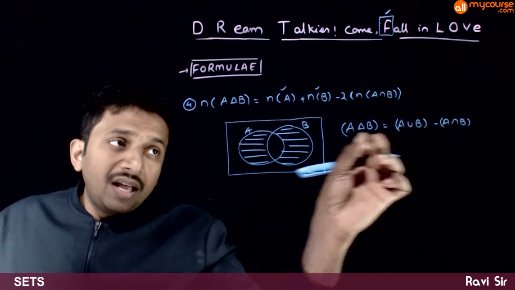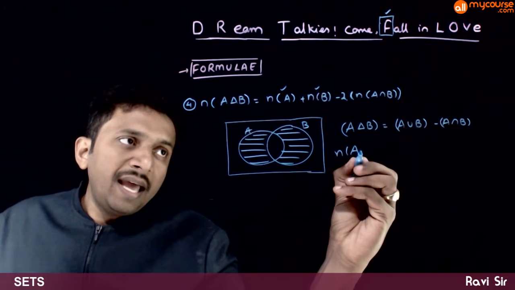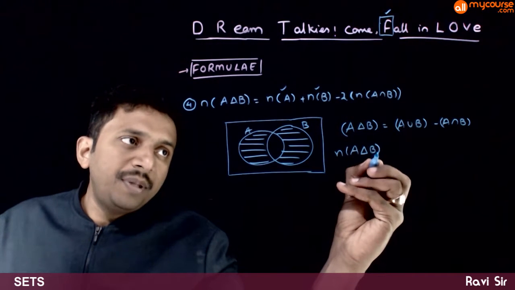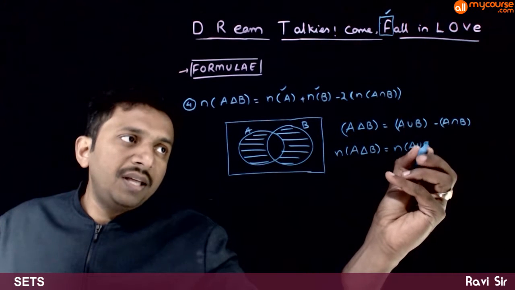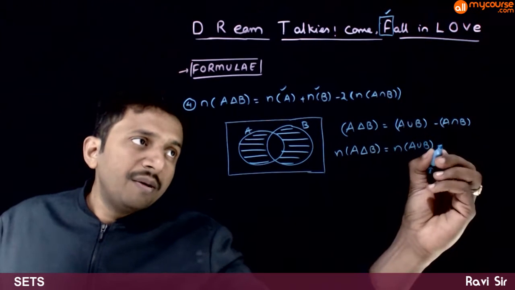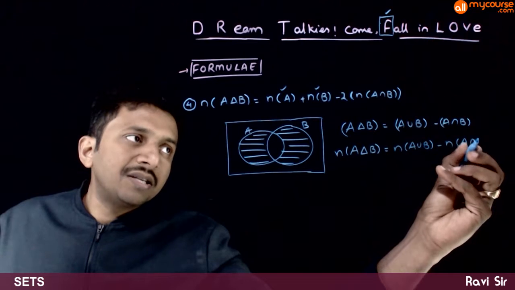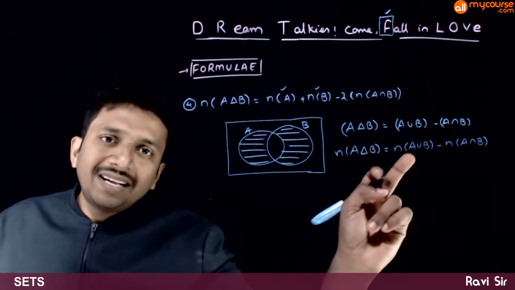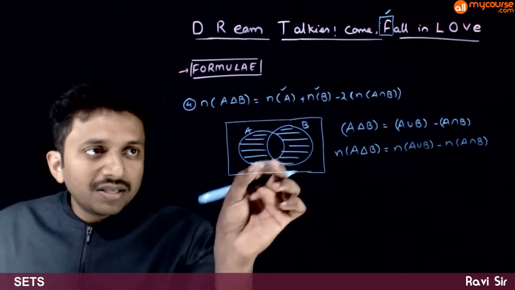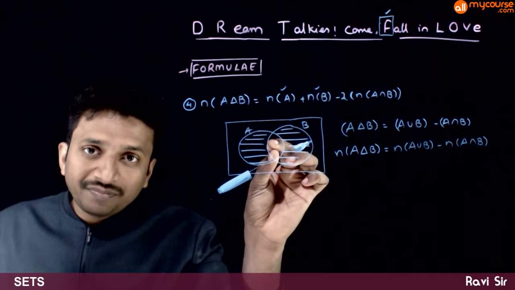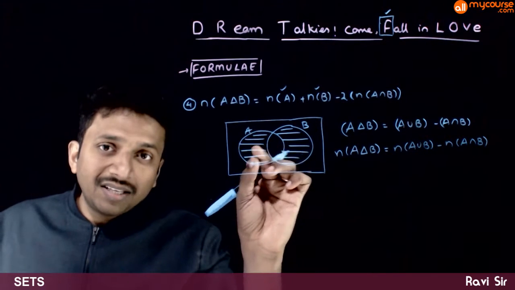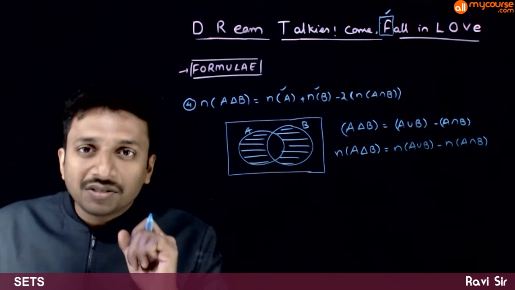So n of A delta B is nothing but n of A union B minus n of A intersection B. So I can directly subtract the numbers here because A union B and A intersection B, you can very clearly see that there is no overlapping regions.